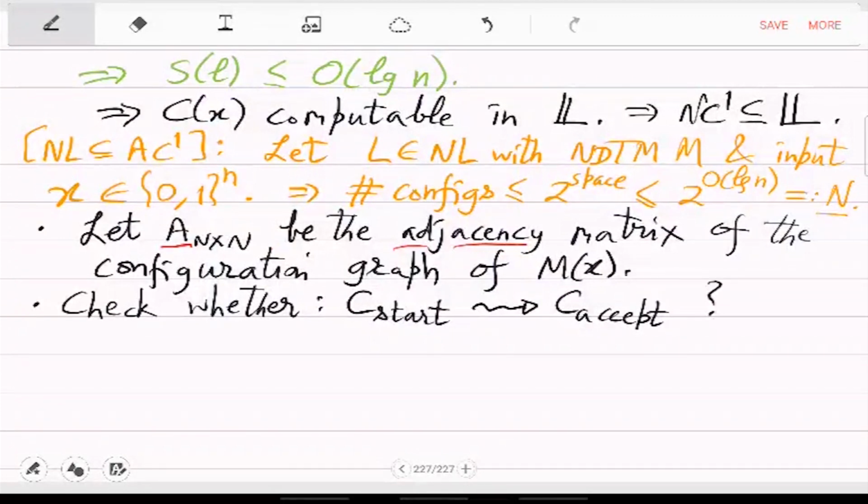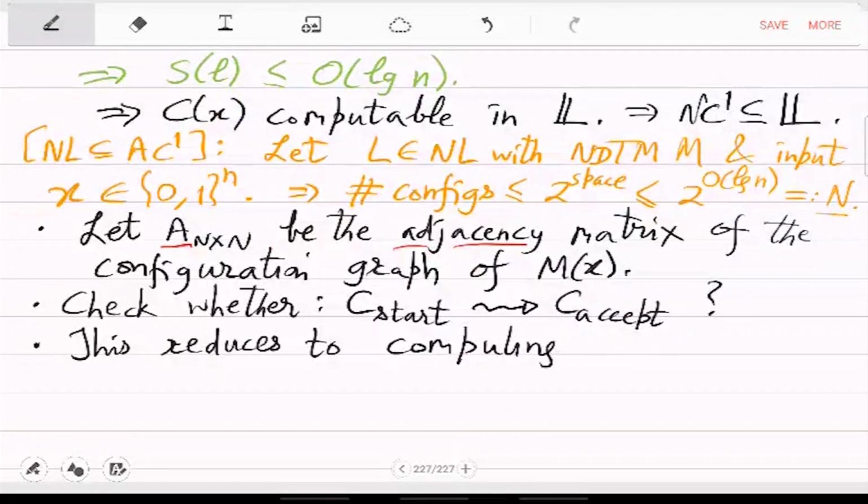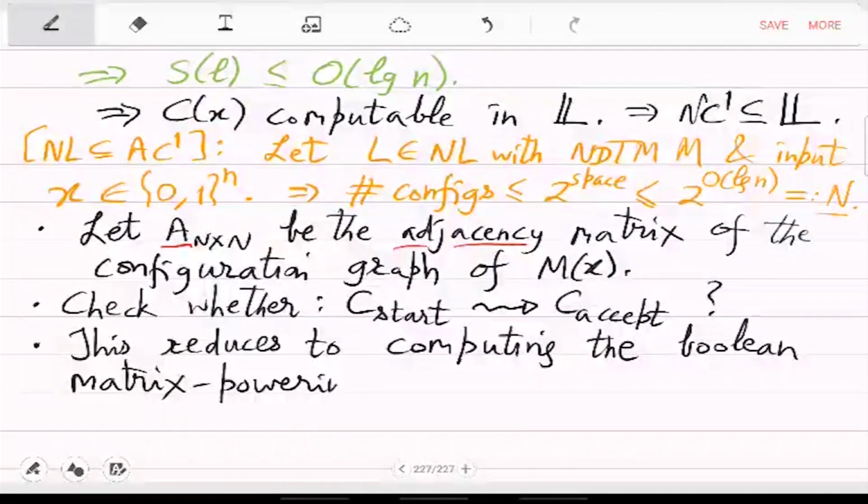That is all you want to check. So this reduces to computing A to the N, matrix powering, or in fact Boolean matrix powering. That is what you basically want to check, that in N steps whether you can reach from C start to C accept. So you have to compute this A to the N power.